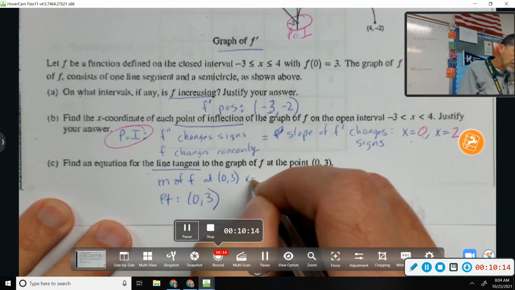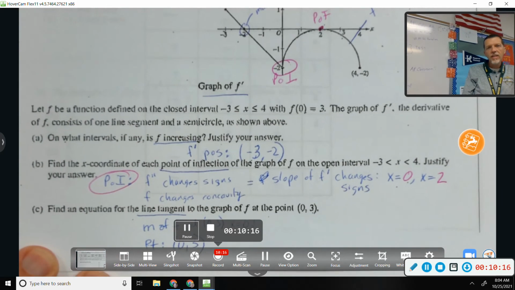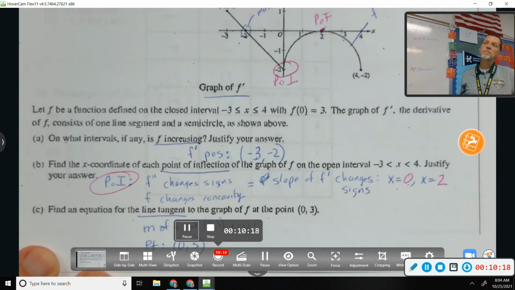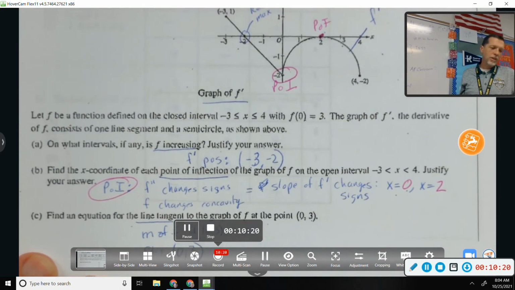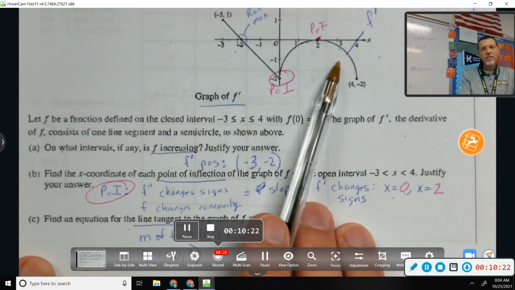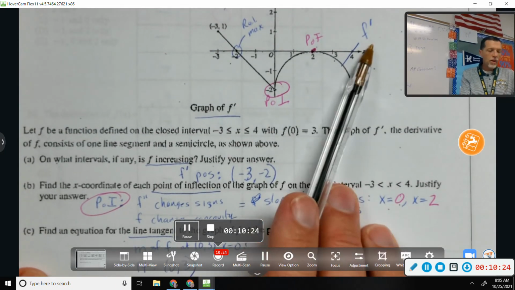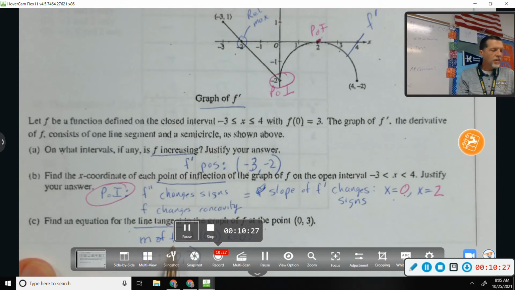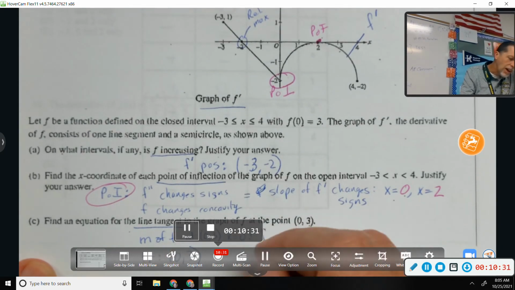At x equals 0. Well, look at my... What is this graph a picture of? f prime. What's the slope of f? That means f prime. I want f prime at 0, which is negative 2.